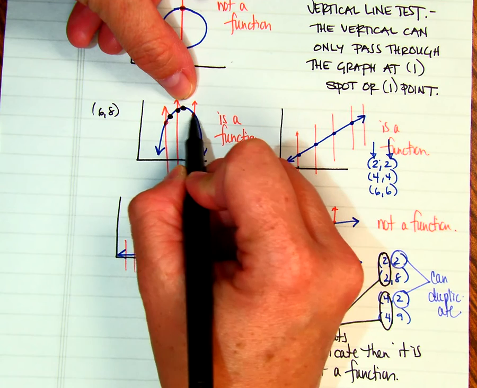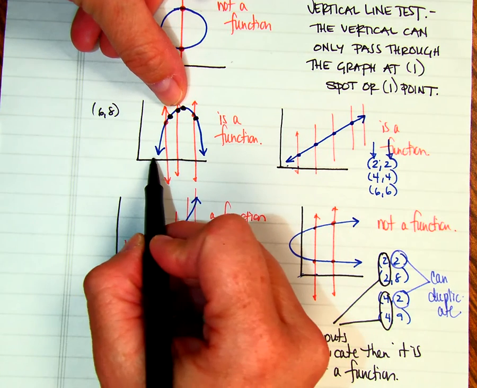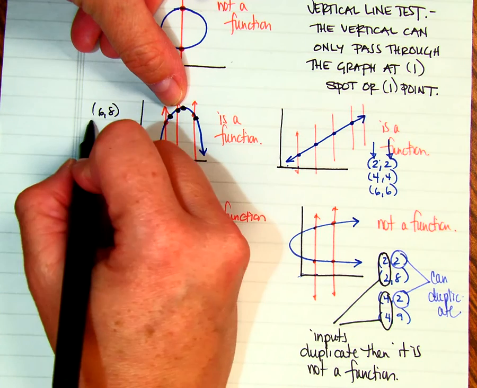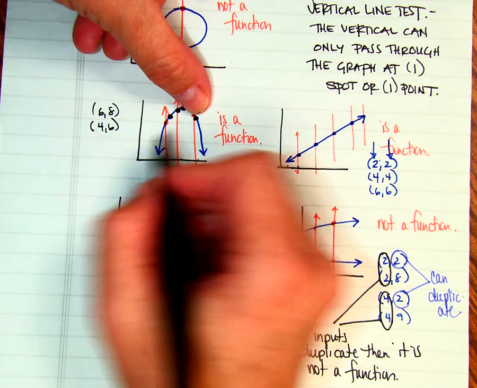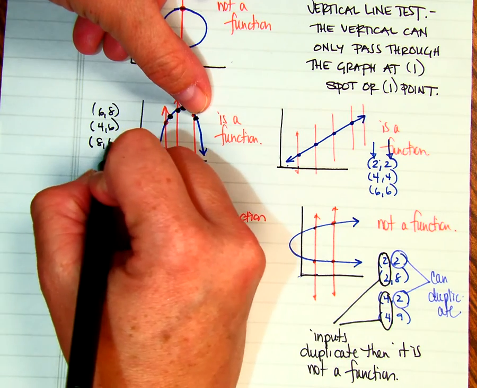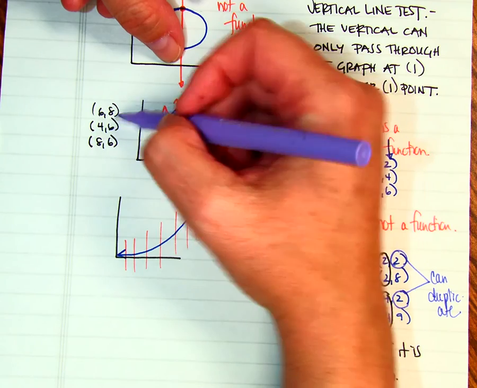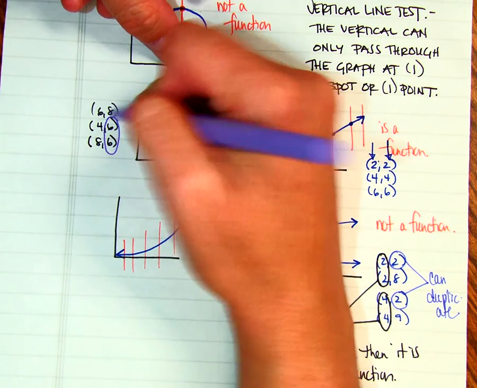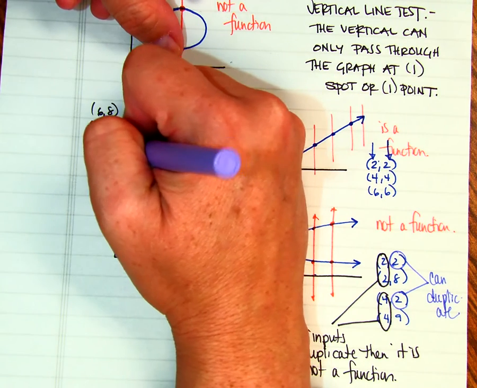And then these 2 points, I would have maybe (4, 6), and maybe this is (8, 6). All of these x's are unique. These y's are duplicated, but it's okay because the y's can duplicate.